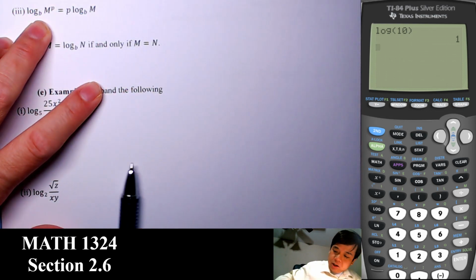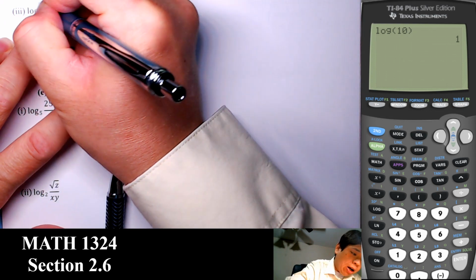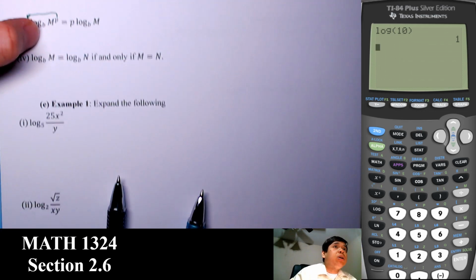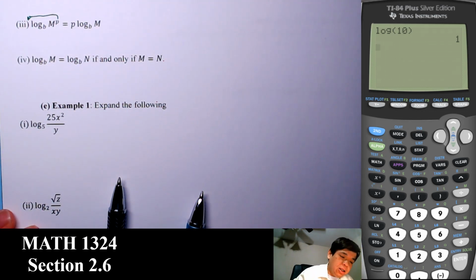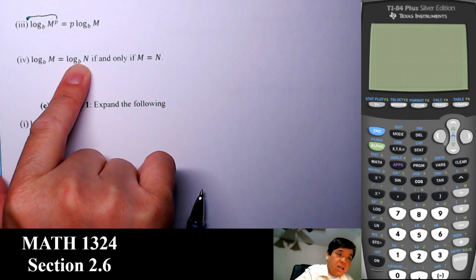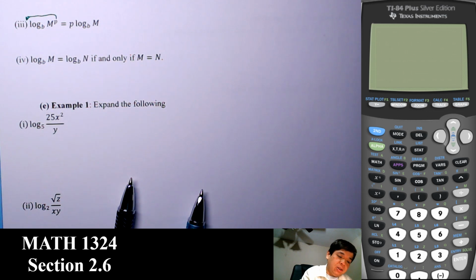We will take the exponent outside, change that to a product, and then if two things are equal with the same base, the argument would be the same. Right, so we have those properties.